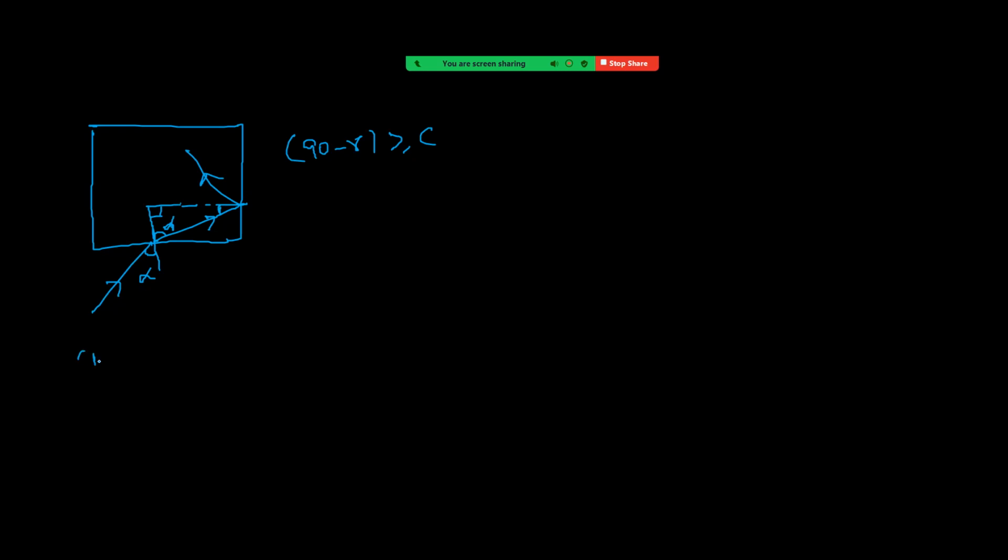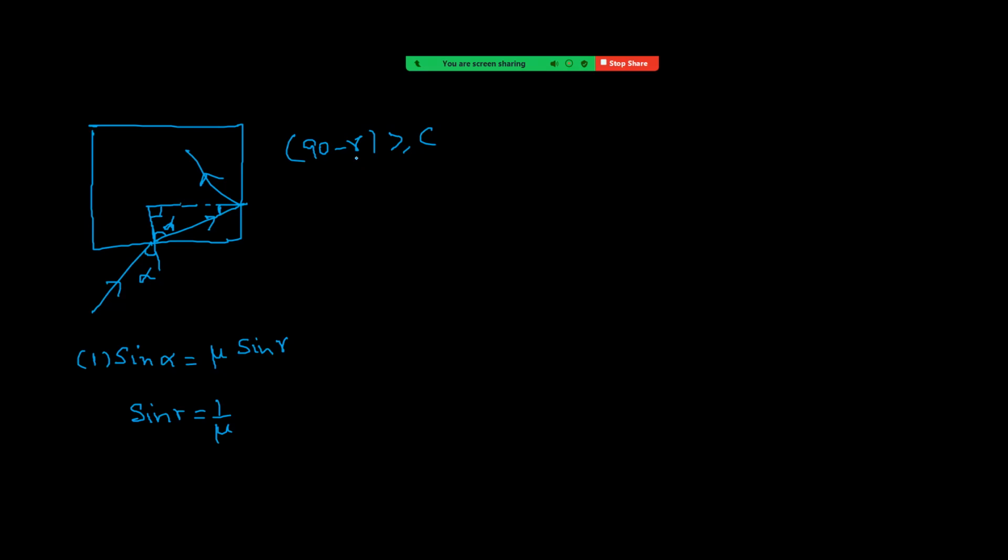Again, same equation 1: sine alpha is equal to mu into sine r. When alpha is 90, means when alpha is maximum, r is maximum. Maximum value of alpha is 90. When this is 90, sine r equals 1 by mu. Same as the previous problem.